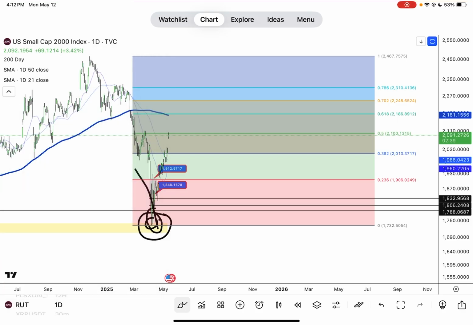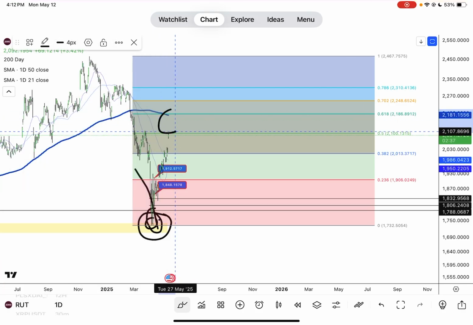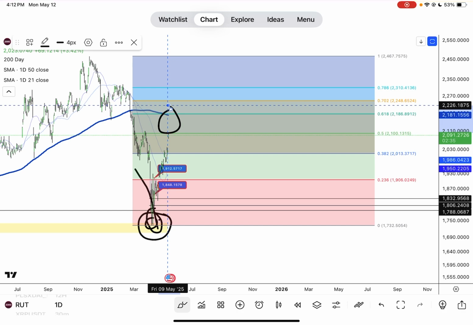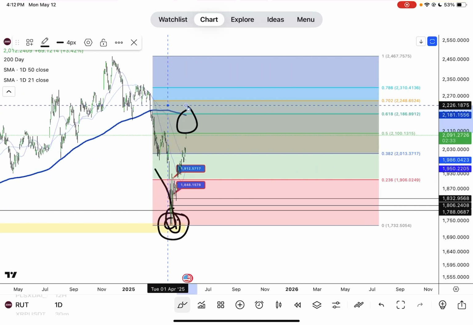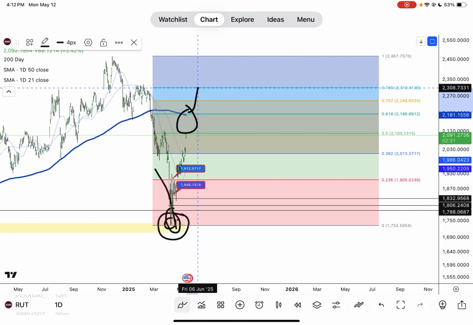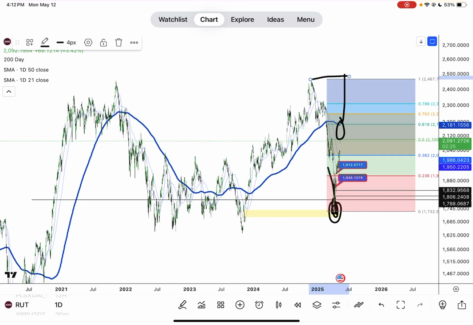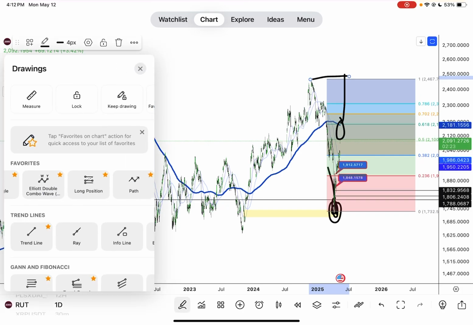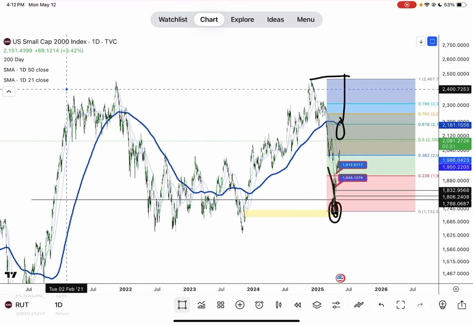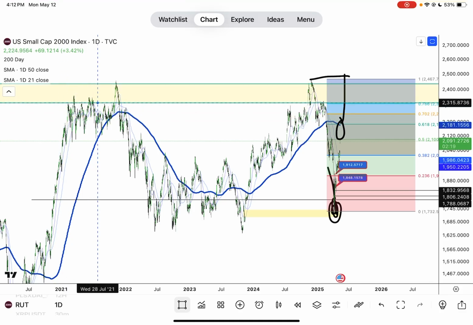Once you get above these two levels, we'd be targeting these highs. Because don't forget, this is still our supply zone right here.